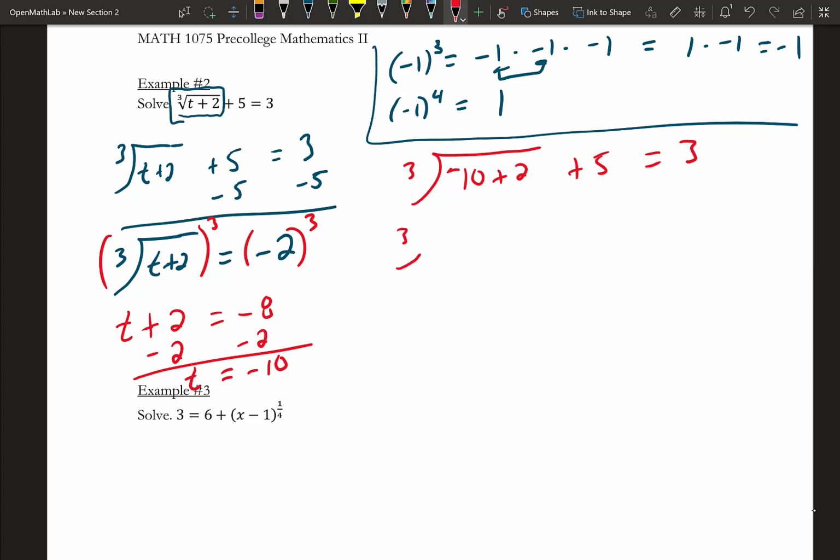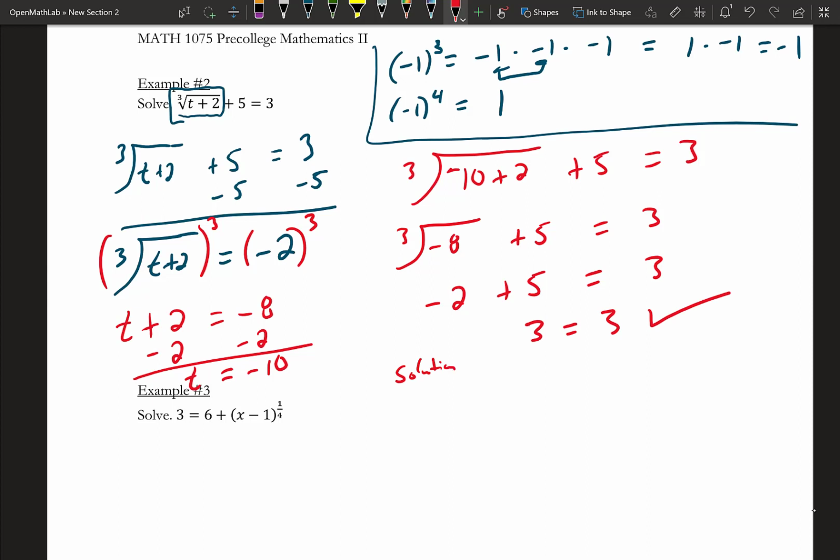Negative 10 plus 2 is negative 8, so the cube root of negative 8 is negative 2. Negative 2 plus 5 is negative 3, or excuse me, negative 2 plus 5 is positive 3. So that checks out. In other words, my solution set is t equals the set of negative 10.